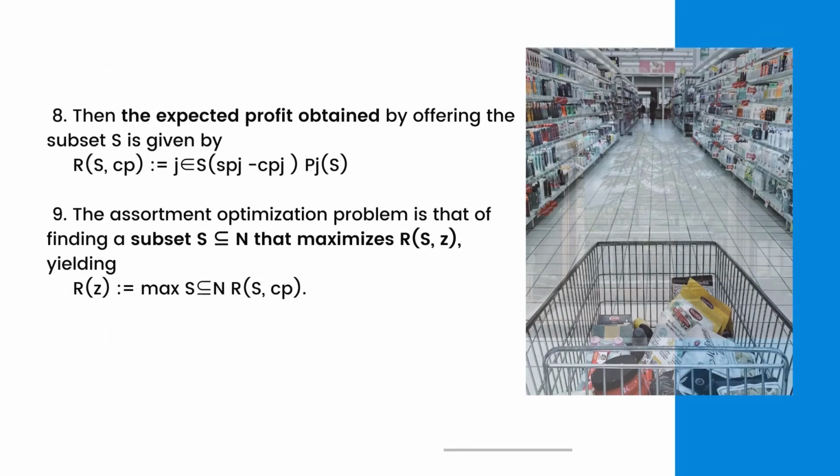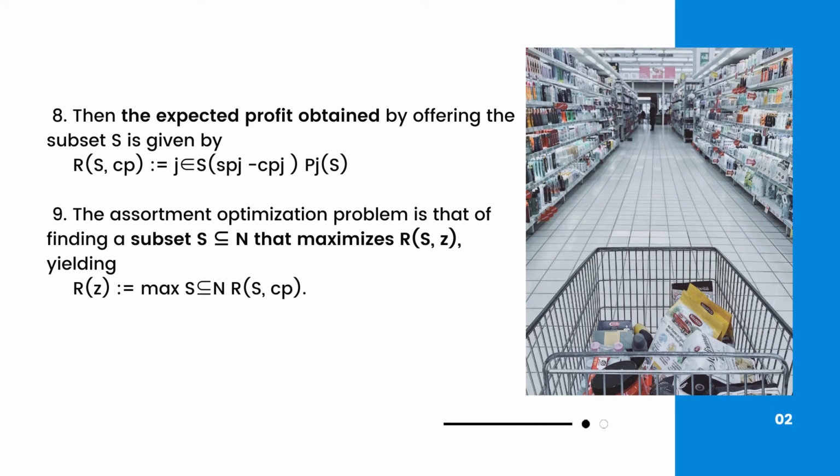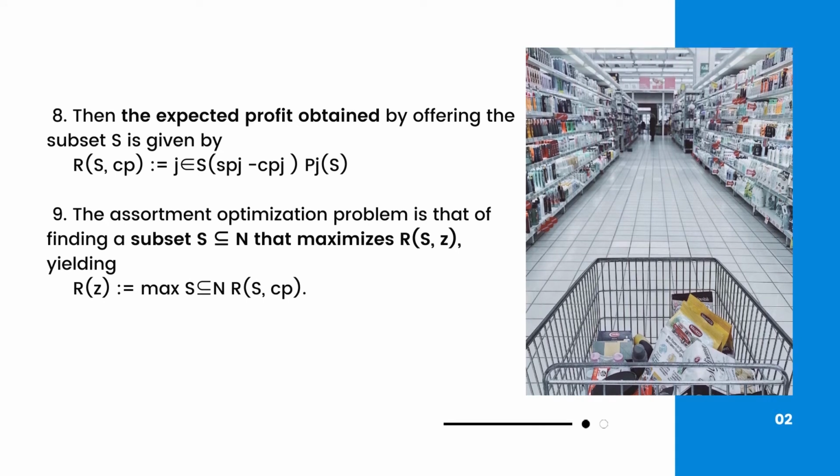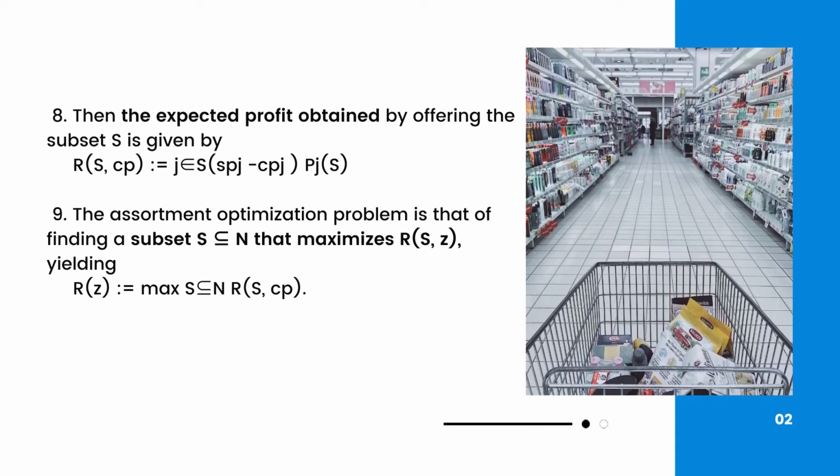Then the expected profit obtained by offering the subset S is given by R as a function of set S, which is equal to the selling price of the jth product minus the cost price of the jth product multiplied by the set S.